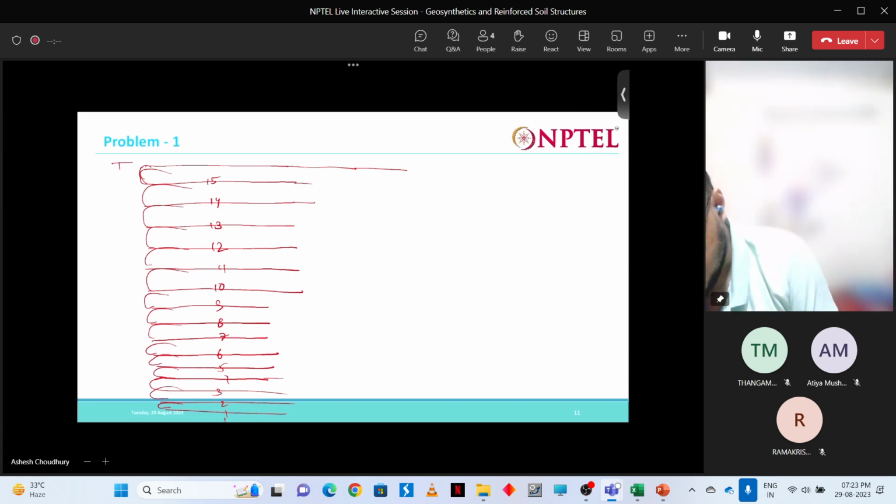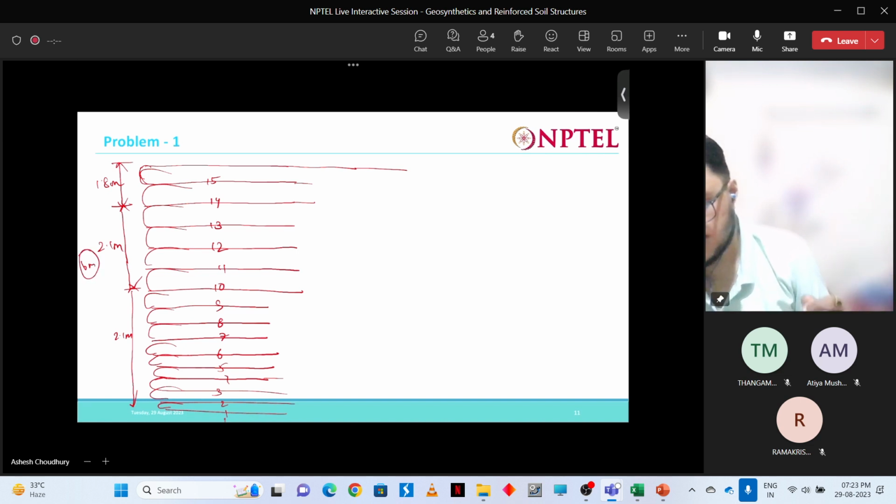Here to here, first two layers 1.8 meter. Then here to 10, 2.1 meter. So total is 6 meters. Right.